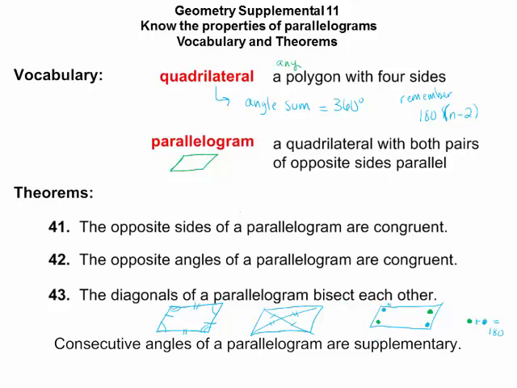As I go around, any two will add up to 180. Which makes sense because the whole thing's 360 and two angles are half of that. But they have to be in order. So the two blue ones won't necessarily add up to 180. As a matter of fact, in a regular parallelogram that's not a square or a rectangle, they will never add up to 180. They just equal each other.